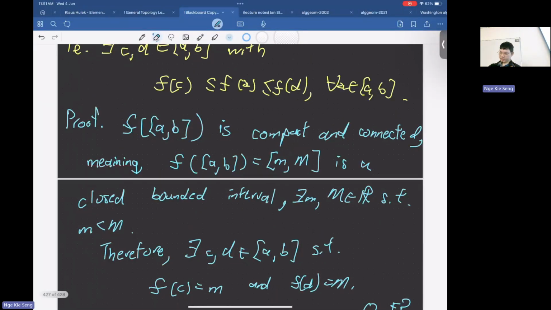Yes, it can be equal actually. Constant function is a very good continuous function. So what you need to show is that this image is compact and connected.